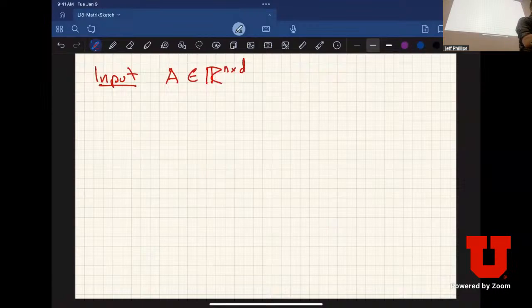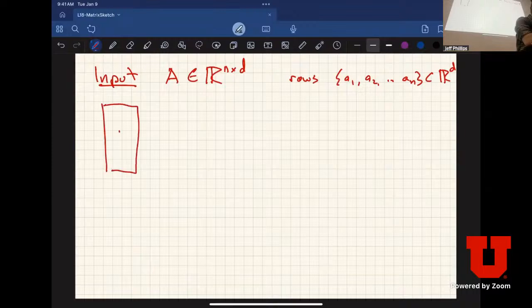That means we can think of the rows as A1, A2, up to An, and each is a subset of R^d. So each row is a point in R^d. We think of this as a matrix A with n rows and d columns.